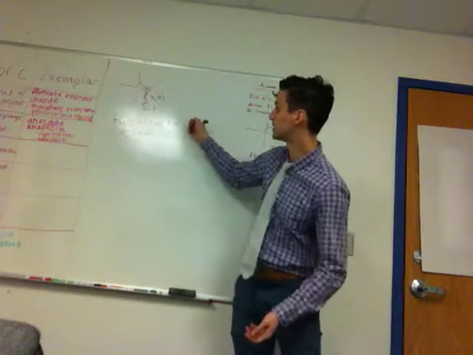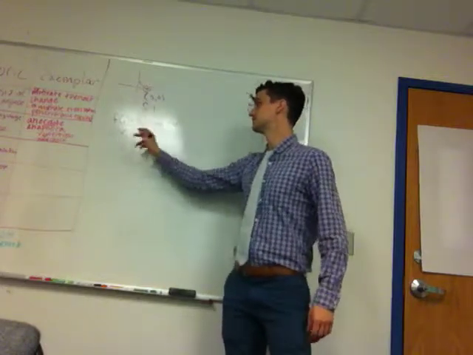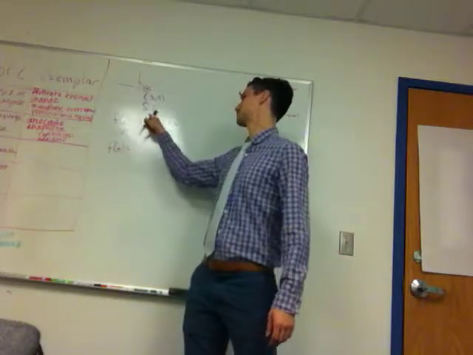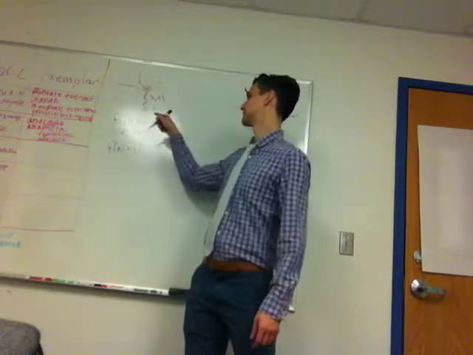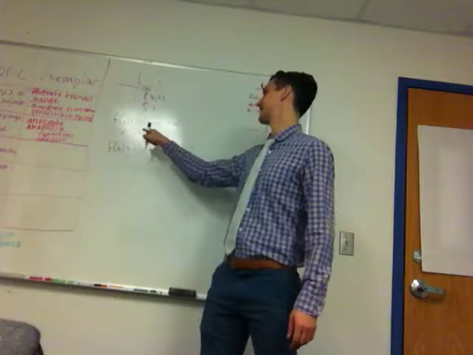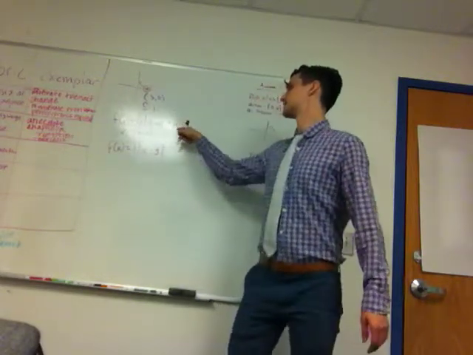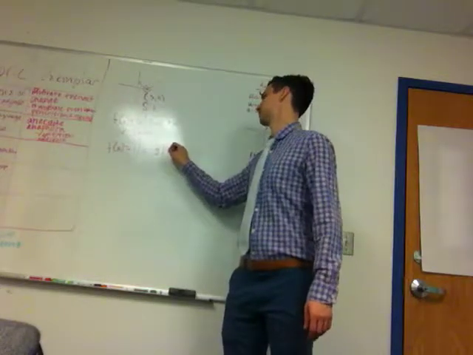So now that I've actually written this formula, substituting things in makes it a lot easier. f of x will equal the stretch, 1, times the absolute value of x minus h, which is 3, plus k, which is 0.